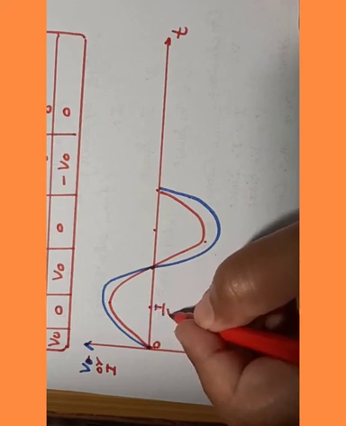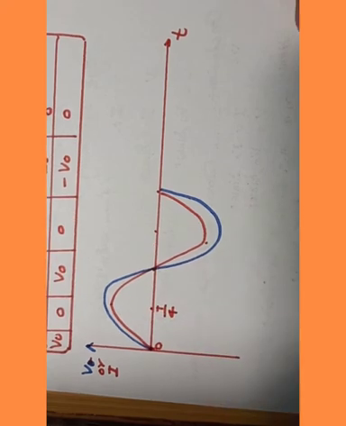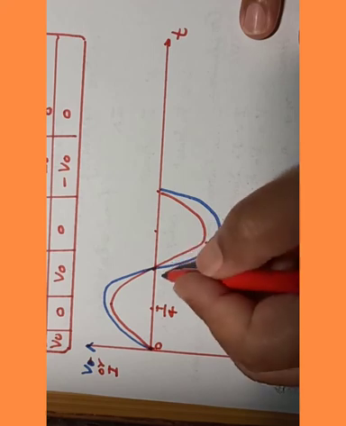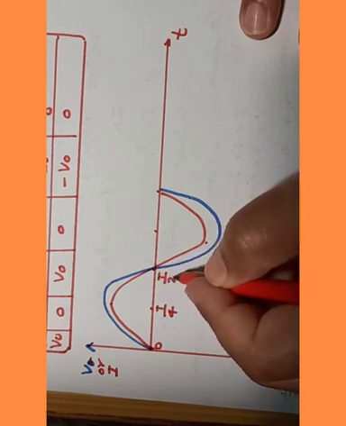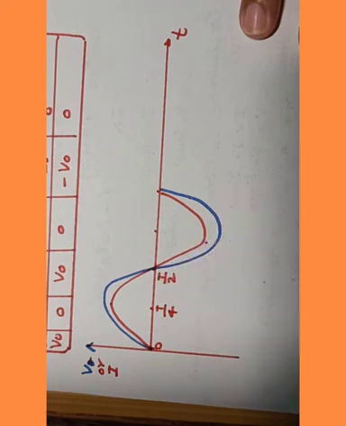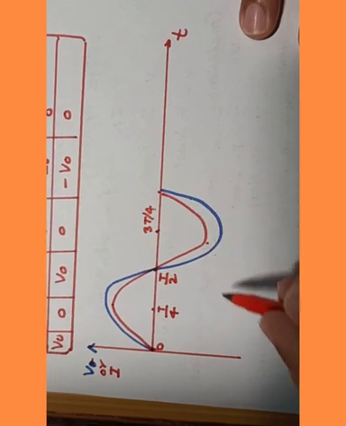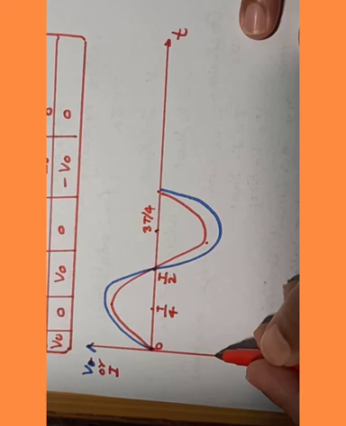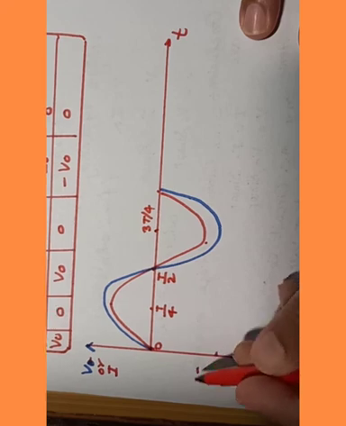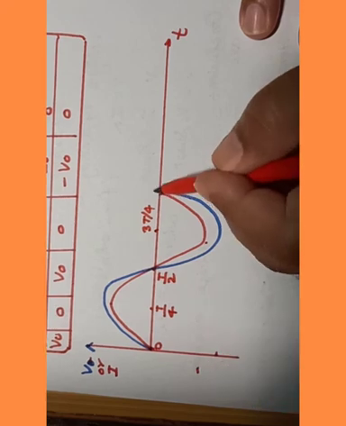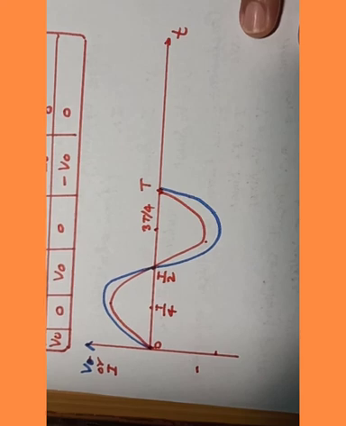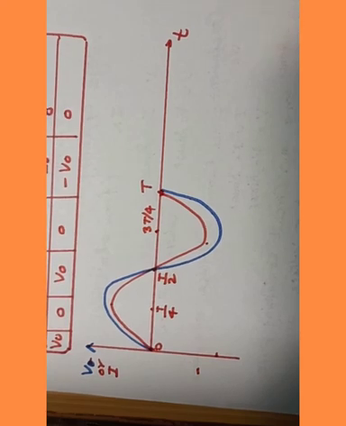At T by 4, current is maximum positive. At T by 2, current is again 0. Similarly for the voltage also. At 3T by 4 current is negative, and at capital T the current again becomes 0.